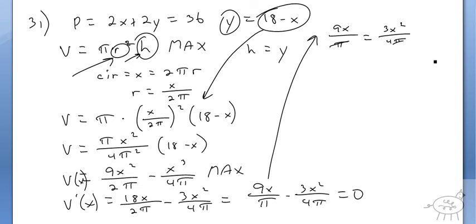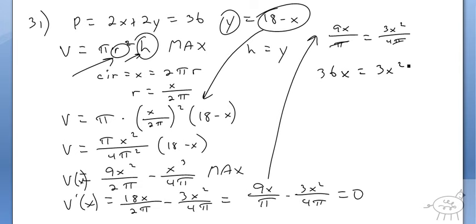Now I can cross multiply, so I get 36x is equal to 3x squared.